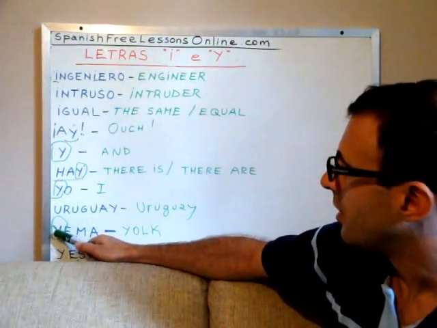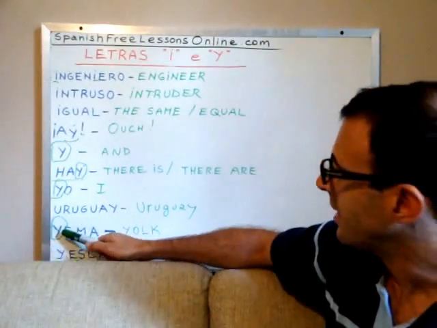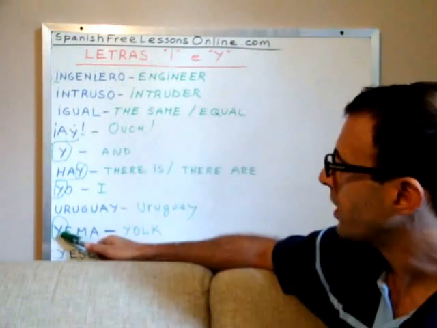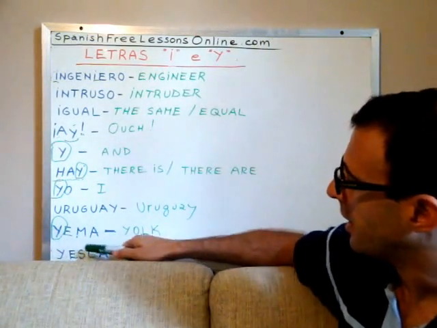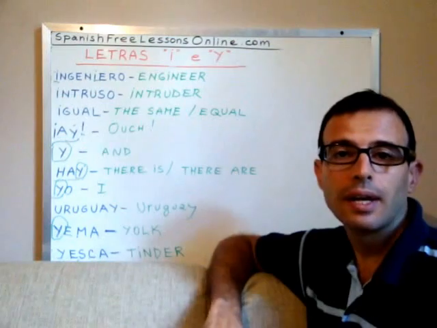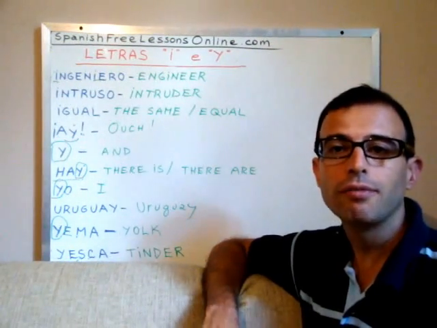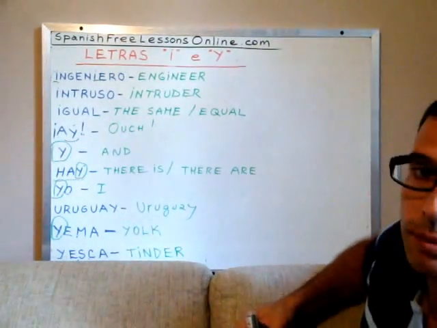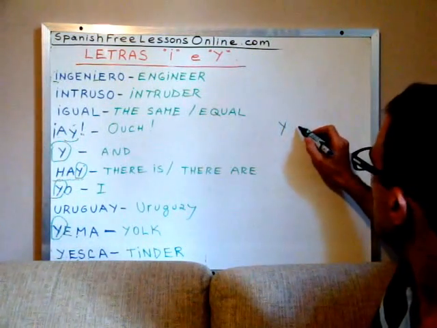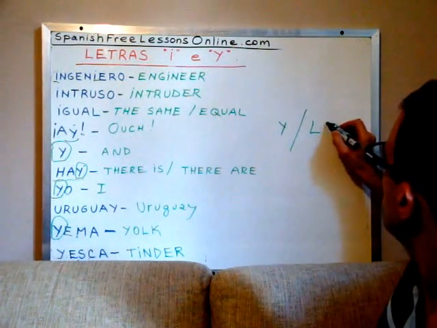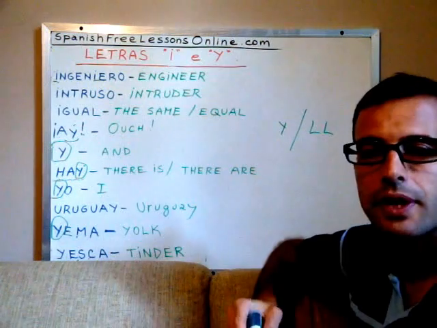The letter Y in its second pronunciation, when it's followed by a vowel, many times confuses many people, even Spanish speakers, because it has the same pronunciation as the double L, okay?